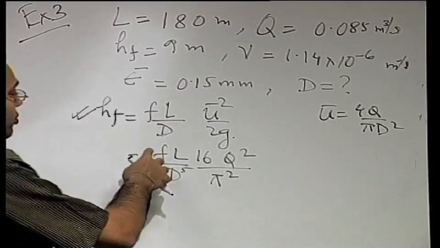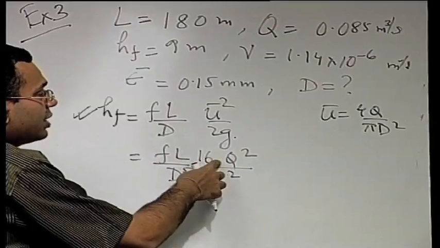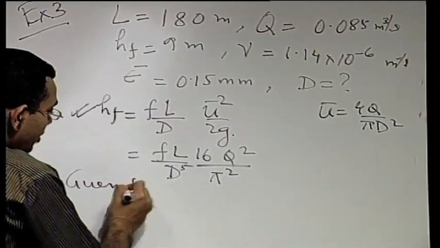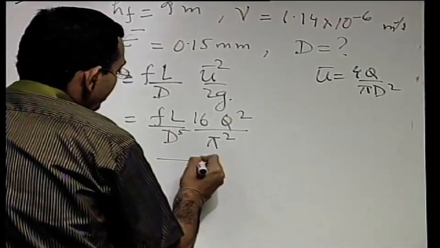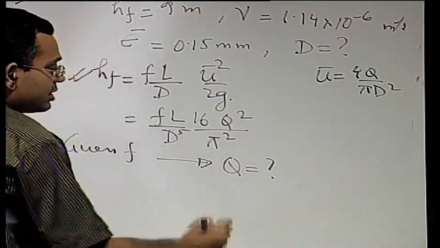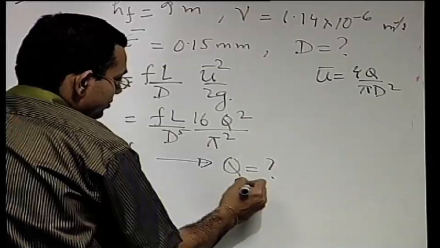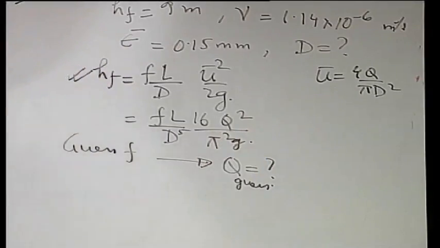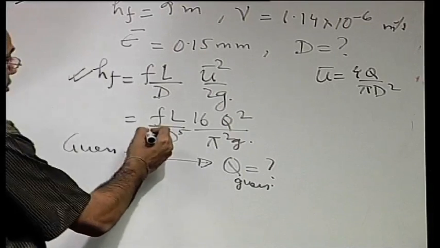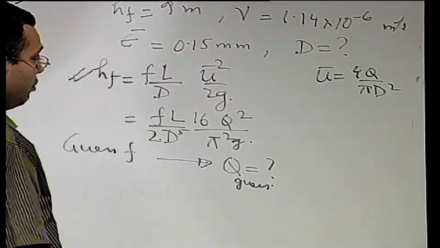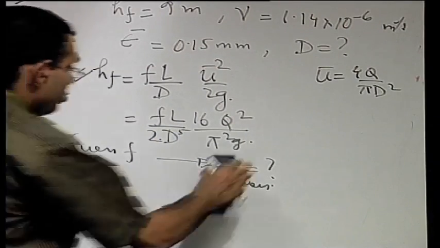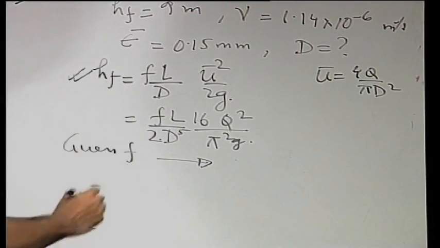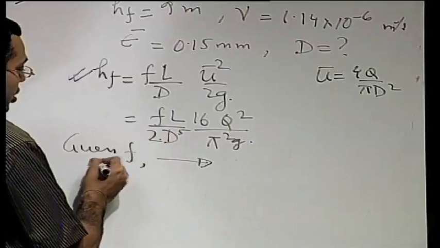Or if you have a guess of what is the friction factor, you can find out the D. So let us say you guess a friction factor. Oh, there is a g here, okay. So you have a guess value of f and you have Q given.